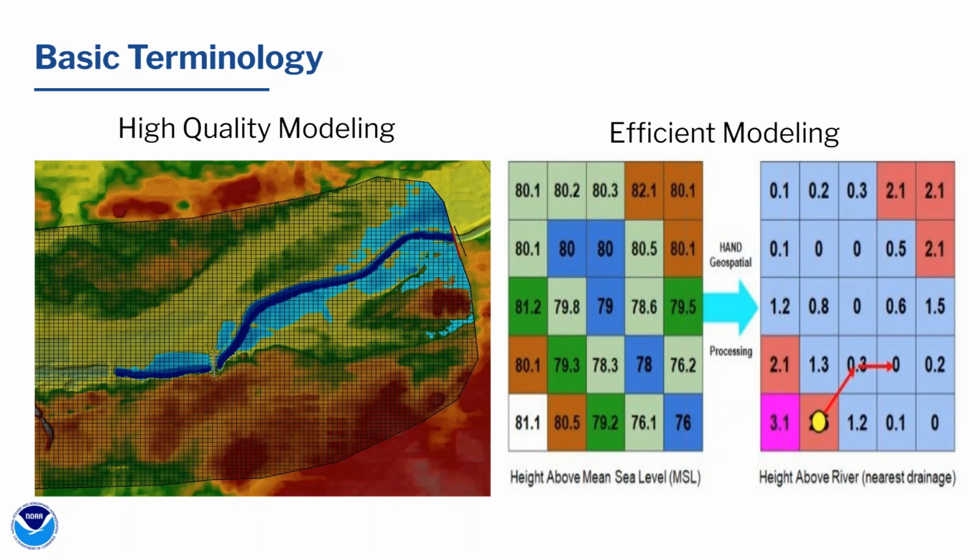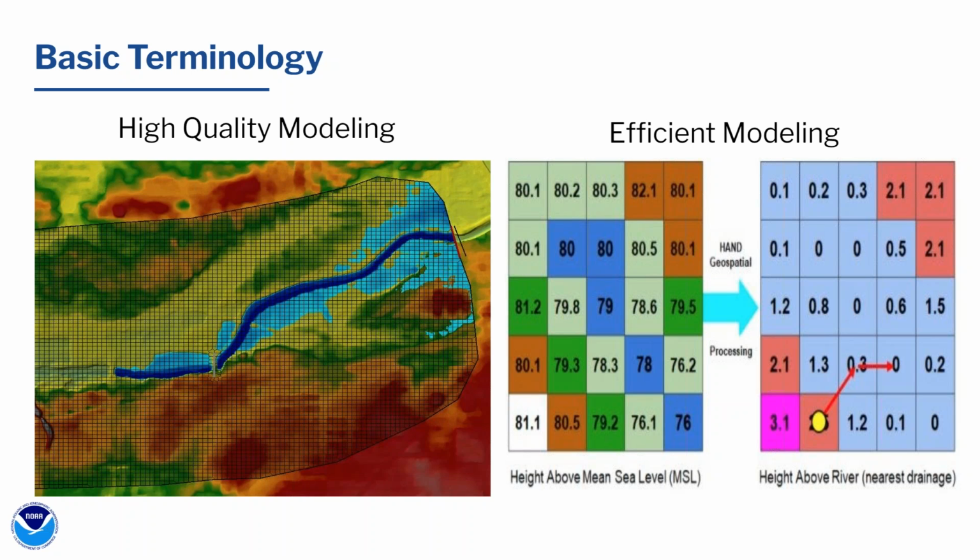These are high quality, meaning they have a lot of QA, QC that goes into it. Bridges and elevated surfaces and levees are all accounted for, but they are only available at select locations and usually centered around a river gauge. They are very expensive to create and maintain, so you typically don't see many of them available.